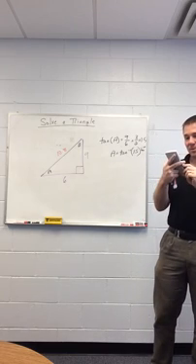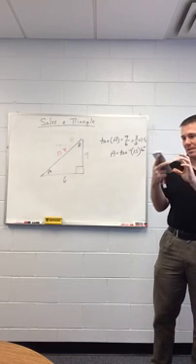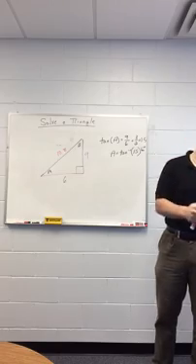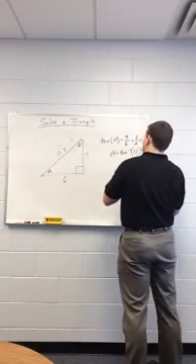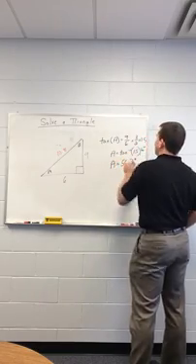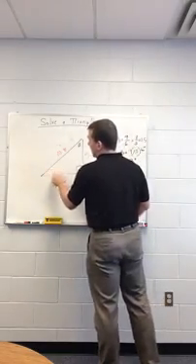And now bear with me. So let's see. Tan inverse of 1.5, 56.3. So A equals 56.3 degrees. So we can fill it in over here.